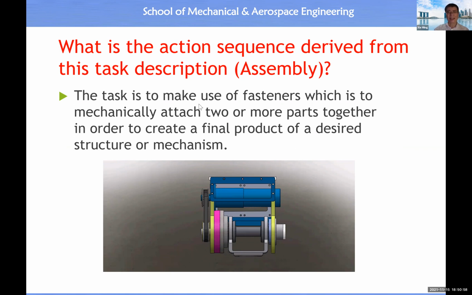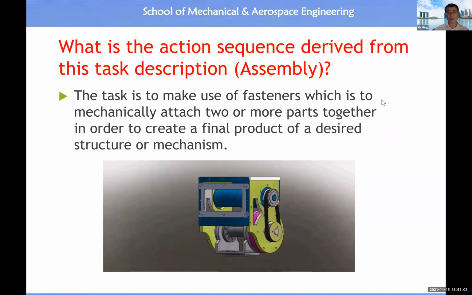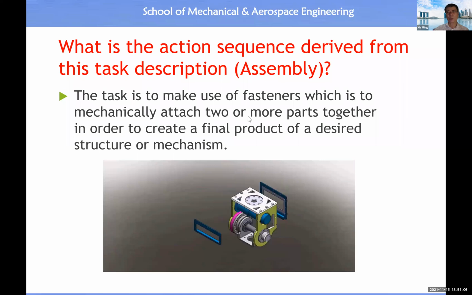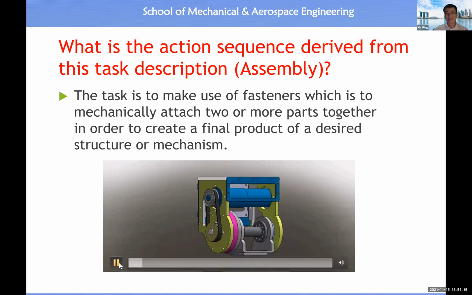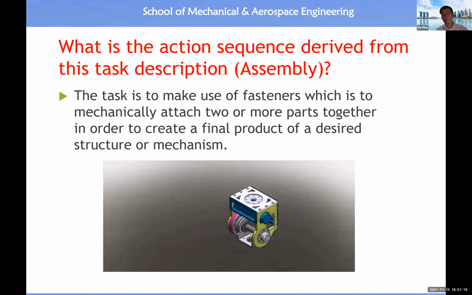And then this is another process of assembly. The task description is to make use of a fastener, which mechanically attaches two or more parts together in order to create a final product of a desired structure or mechanism. So you will see, we can dismantle the assembly.